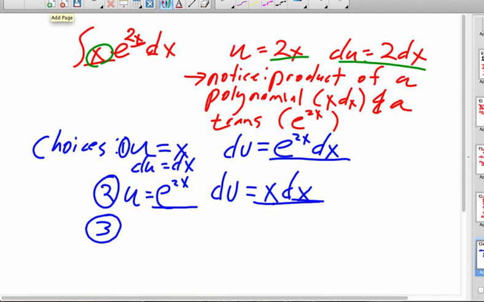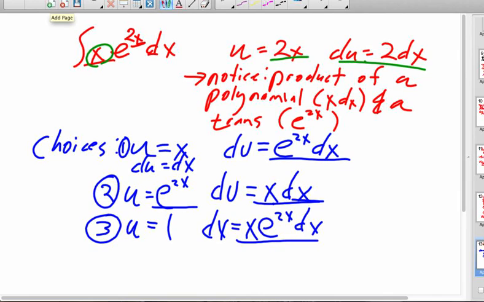Now let's take a look at another one. You're going to think this is dumb, but you're going to have one problem where this will be a good choice. u is 1, dv is basically the whole kit and caboodle we got there, which is x e to the 2x dx. Well, the whole point we're doing all this to begin with, we can't integrate that puppy.